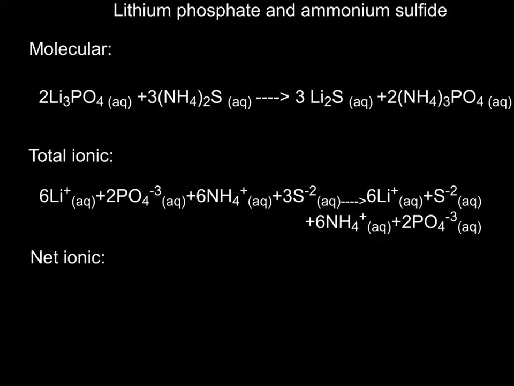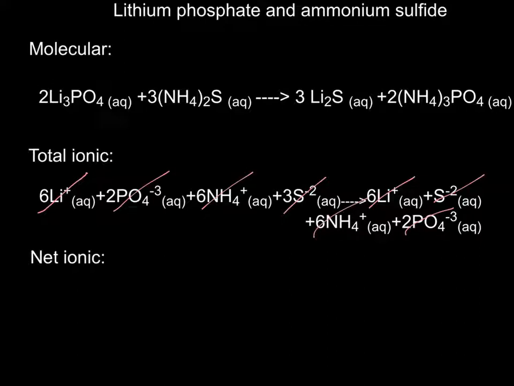In this one, we just cross out the spectator ions, that is, the ions that are on both sides that didn't react. So in this case, we have lithium that cancels out, and then sulfide cancels out. Then we have phosphate that cancels out, and ammonium that cancels out.